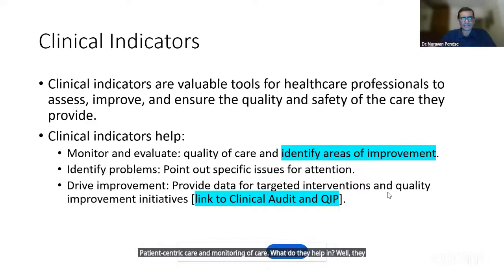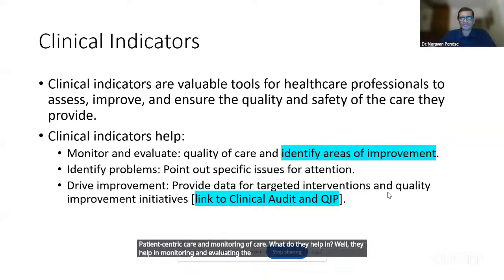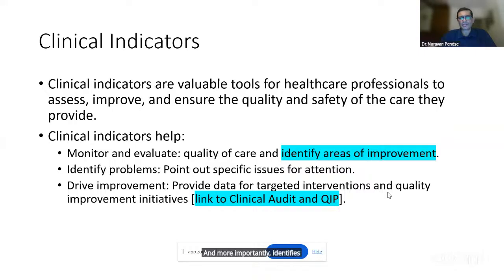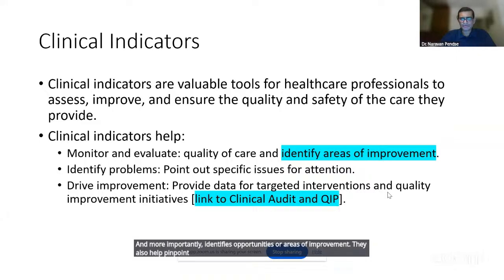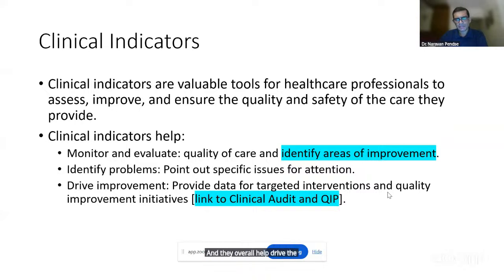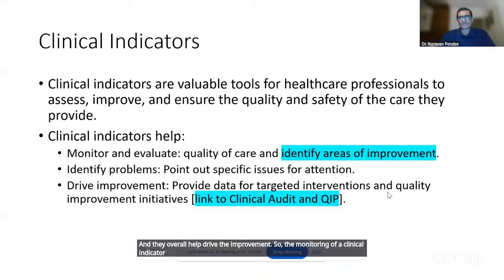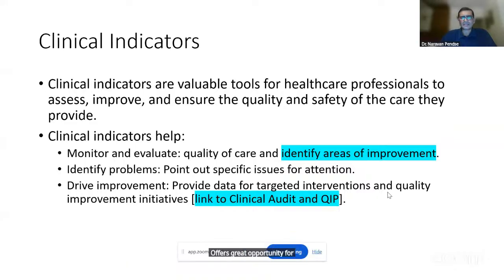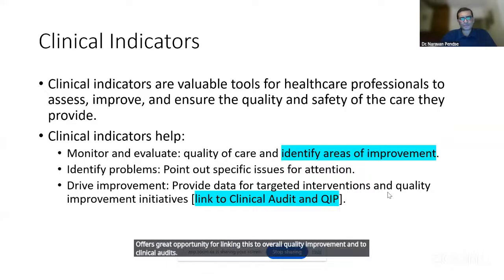Well, they help in monitoring and evaluating the quality of care which is being provided, and more importantly, identifies opportunities or areas of improvement. They also help pinpoint specific issues for attention, and they overall help drive the improvement. So, the monitoring of a clinical indicator, the selecting of a benchmark, measuring where we are with respect to that benchmark, offers great opportunity for linking this to overall quality improvement and to clinical audits and improvements overall in clinical care.